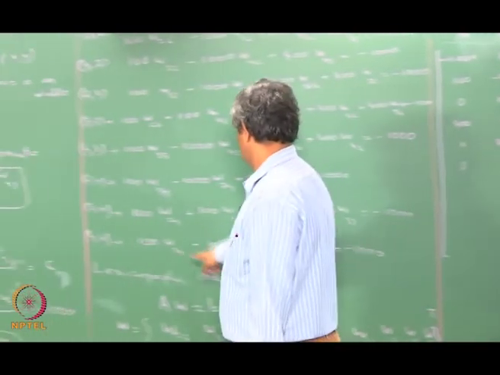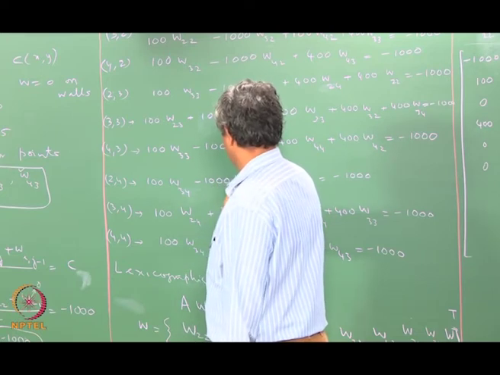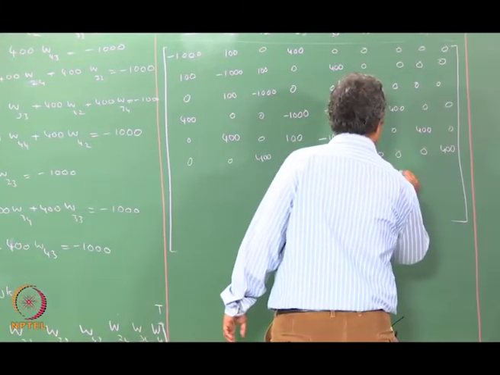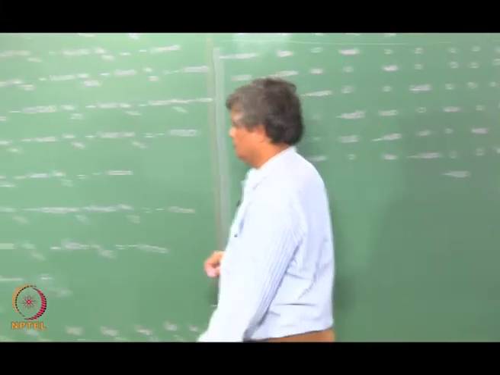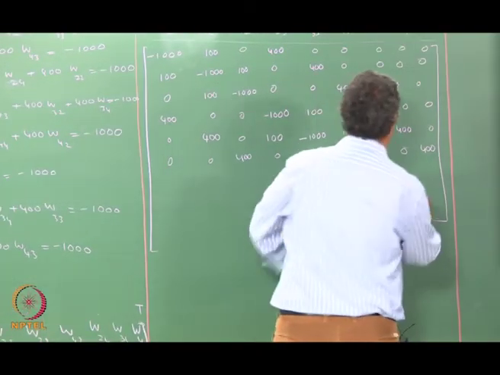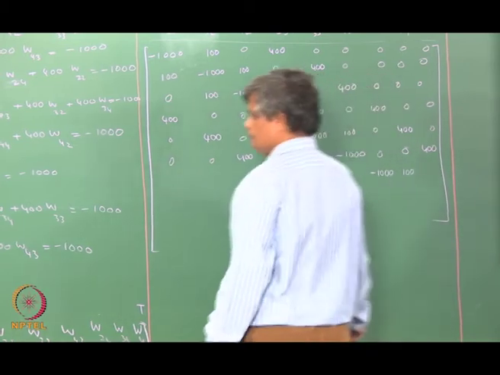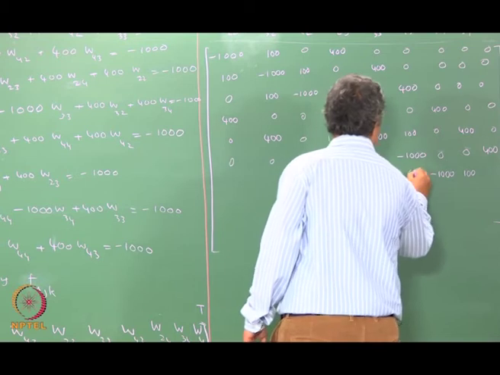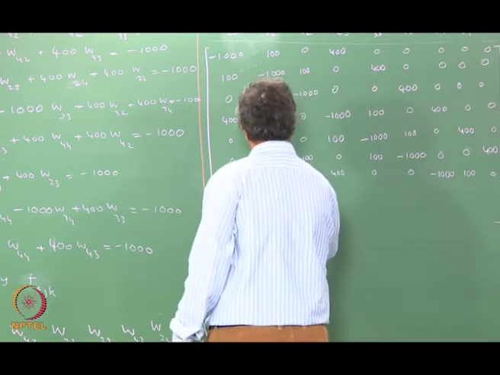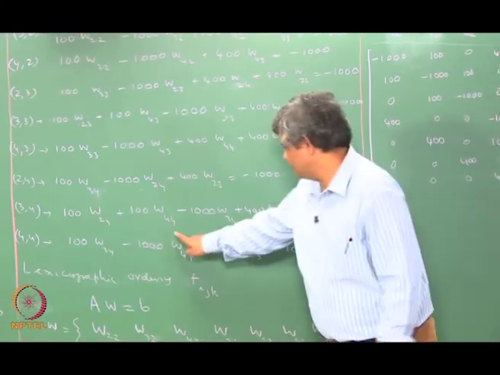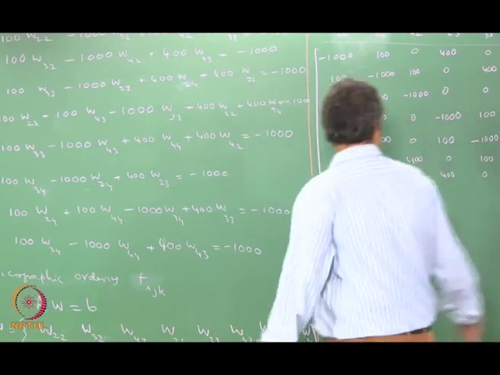Now, 24 is minus 1000, 34 is 100, 23 is 400, and all the others are 0. Okay. And here we have 34 as minus 1000.